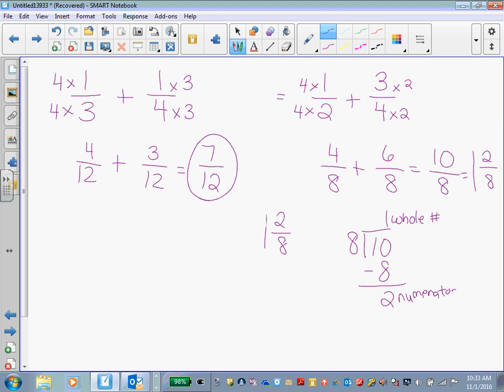This 2/8 can be simplified. Both the 2 and the 8 are even, which means I can divide 2 by 2, and I can divide 8 by 2. Your whole number would stay the same. 2 divided by 2 is what? 1. 8 divided by 2 is 4. So then your simplified answer would be 1 and 1/4.